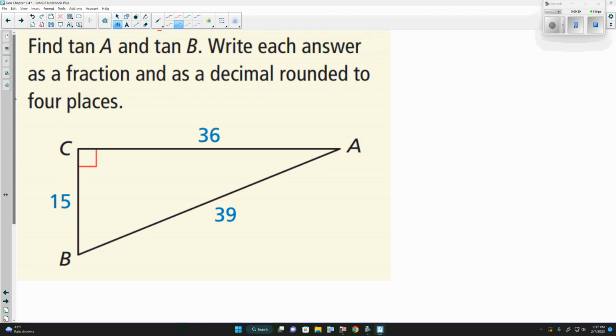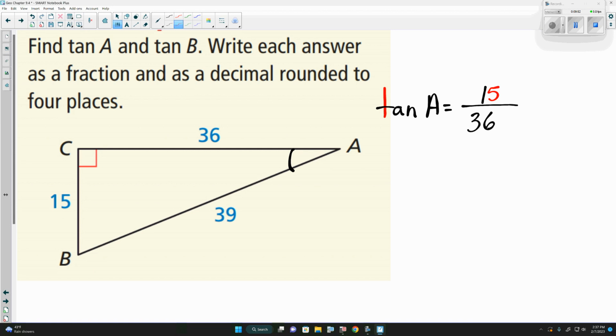So we want to find tangent of A and tangent of B, and we want to write them as fractions and decimals. Tangent of A. So what would the opposite side of angle A be? 15, and the adjacent side would be?